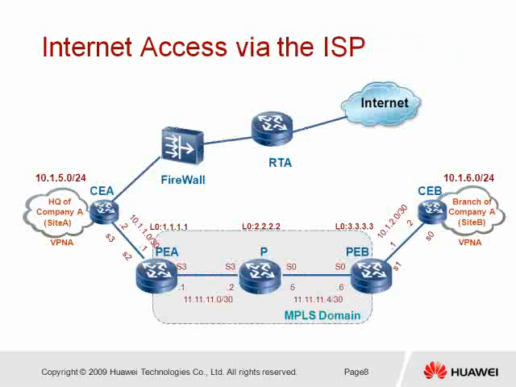This slide describes the realization principle of Internet access via the ISP. Looking at the network topology, CEA and CEB respectively connect to Site A and Site B in VPN A. Site A connected to CEA accesses the Internet through the firewall and router A, while Site B connected to CEB accesses the Internet through CEA.